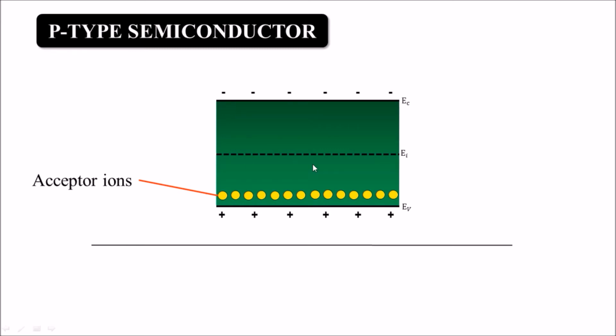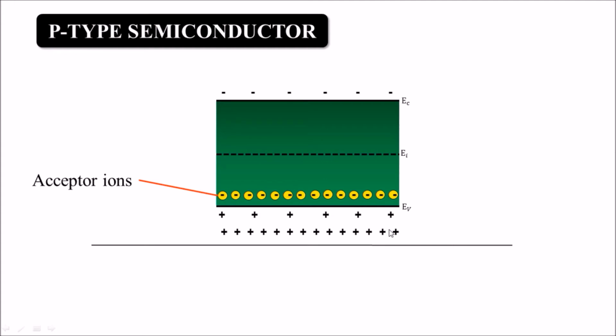So if we apply thermal or optical energy to this semiconductor, then electrons will get excited and come and sit in these vacant places, and the same number of holes will come into the valence band.